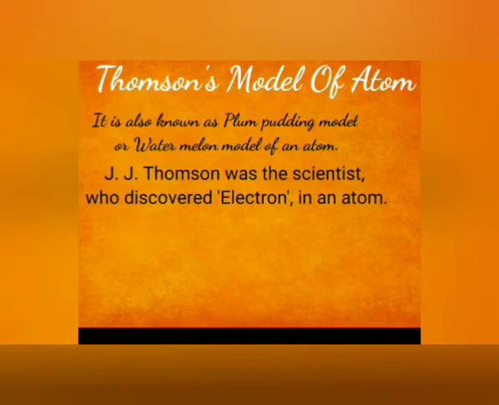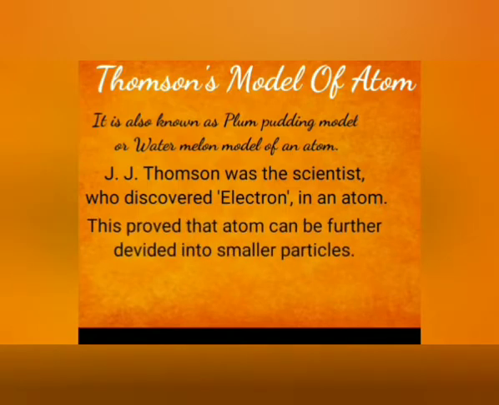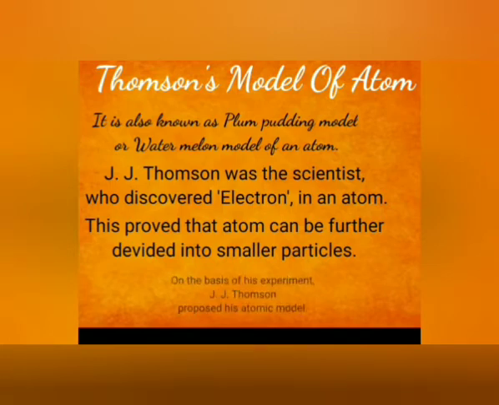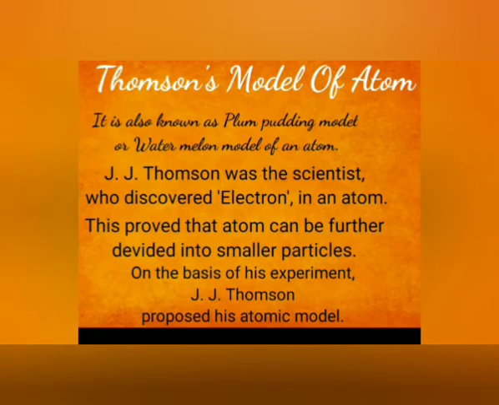The negatively charged particles discovered by Thomson were named electrons. This discovery proved that atoms can be further divided into much smaller particles. On the basis of his experiments, J.J. Thomson proposed his atomic model. Let's see what the postulates of his atomic model are.